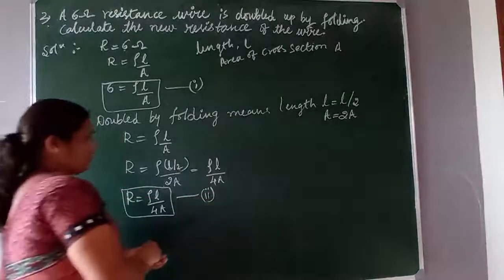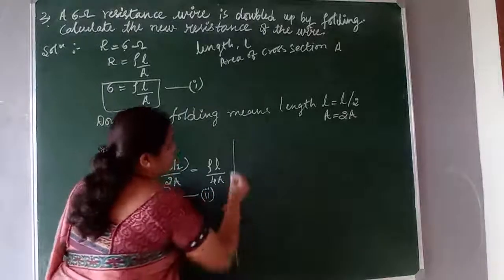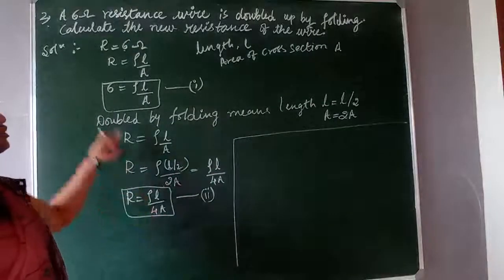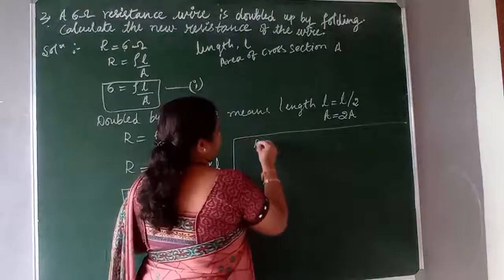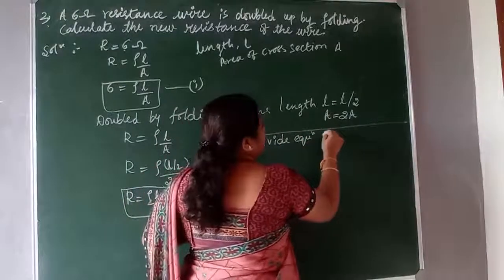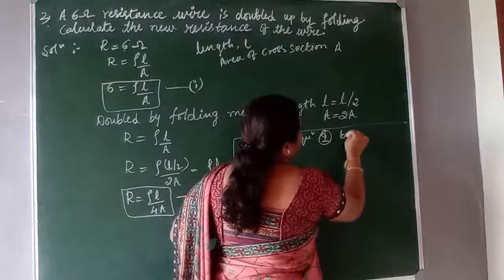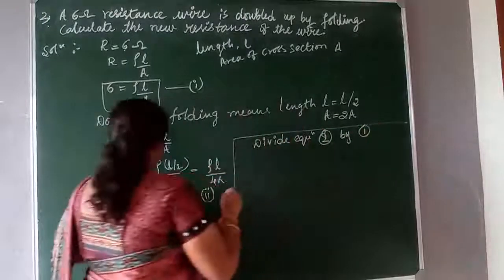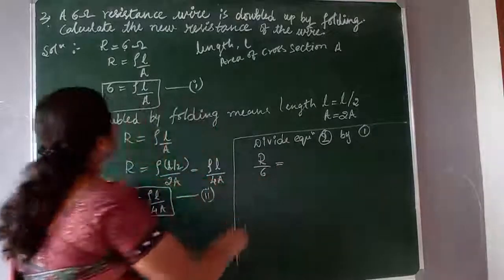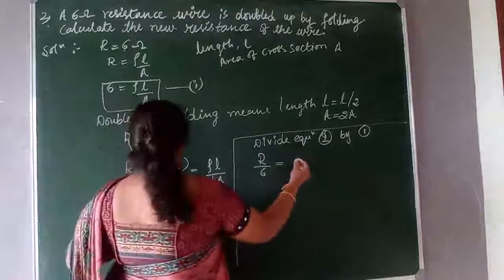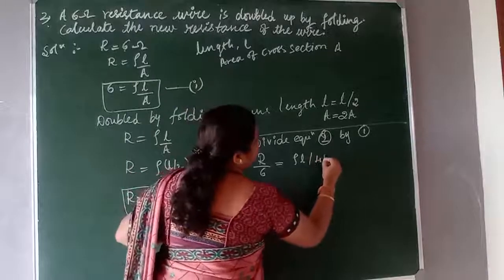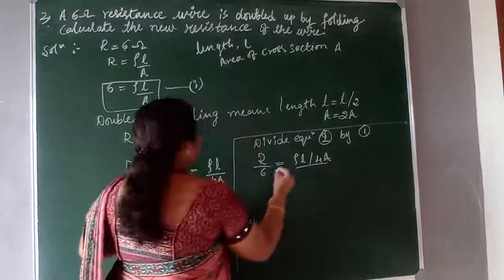Now divide, children, equation 2 by equation 1. R by 6 is equal to, because here 6 is there, rho into length divided by 4A, and the whole divided by what?